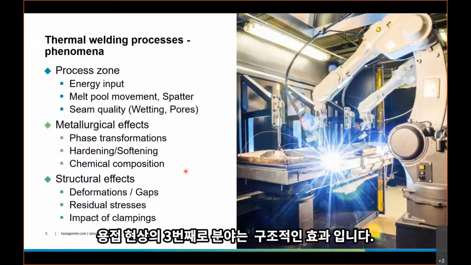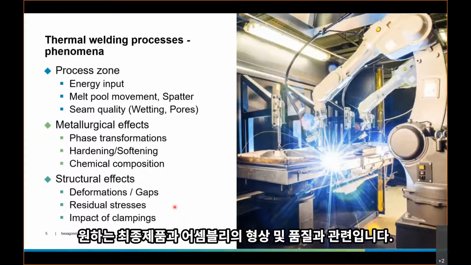And then there is the third area of welding phenomena, which are the structural effects. And this has everything to do with basically the shape and the quality of the product, the end product, the net shape of the assembly that you want to get.